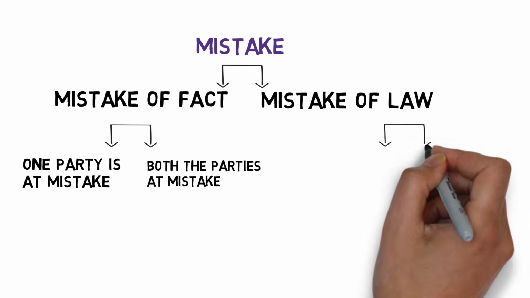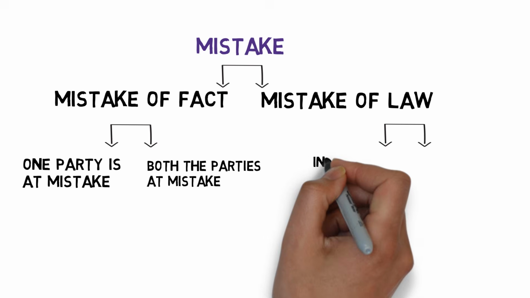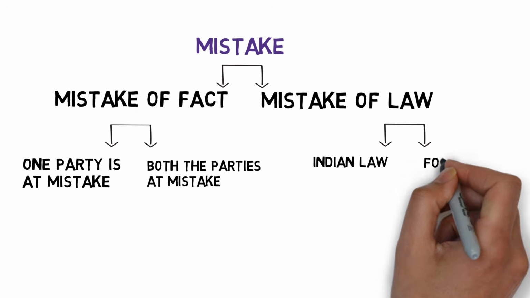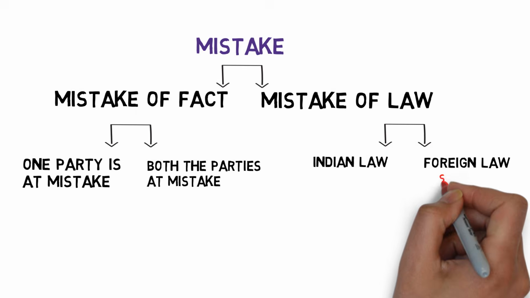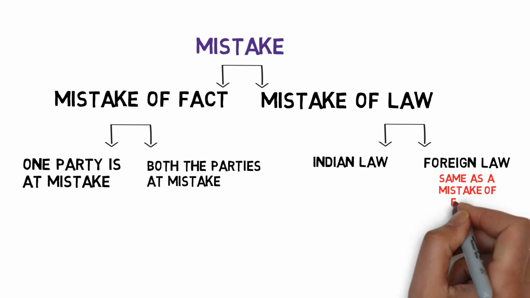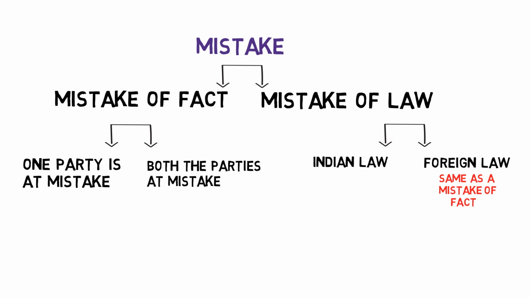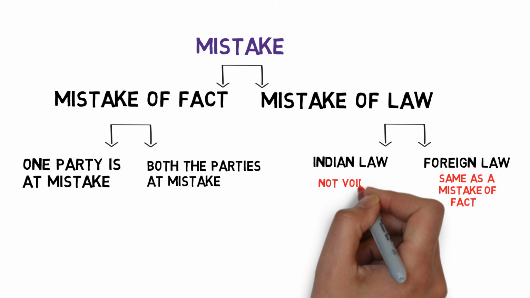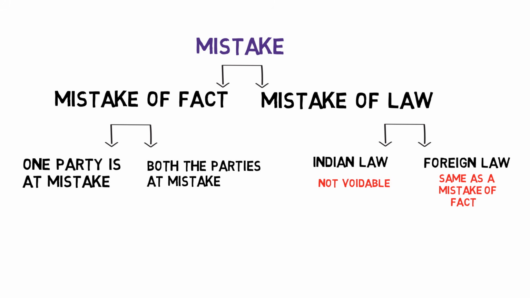Mistake of law is also of 2 types: mistake of Indian law or mistake of foreign law. Mistake of foreign law is treated the same as a mistake of fact. A contract is not voidable if it was caused by mistake of Indian law, because we all know that ignorance of law is not an excuse.